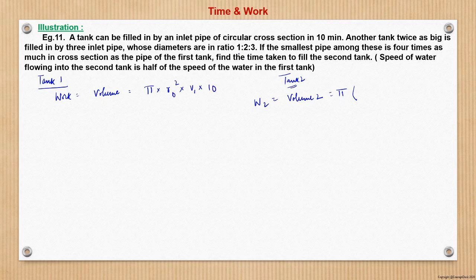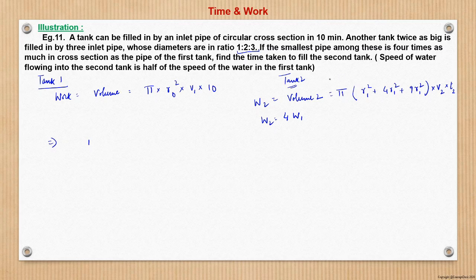So here the radiuses would be R1 square plus 2R1 whole square, which is 4R1 square, plus 3R1 whole square, which is 9R1 square, into, let the flow be V2, and let the time be T2. And we know that W2 is equal to 4 times W1. So this we can equate here.